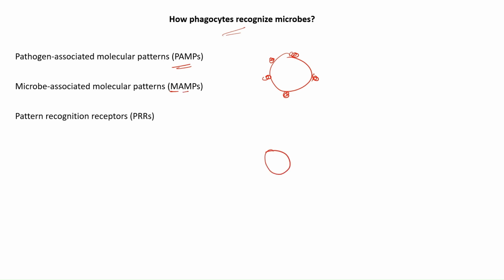And the cells of our body contain receptors, and these receptors recognize these patterns. These receptors are known as PRRs, that is pattern recognition receptors. So in our cells we have pattern recognition receptors. These receptors are specific for the patterns that are present on the pathogens. So that's how our cell identifies or recognizes the microbes.